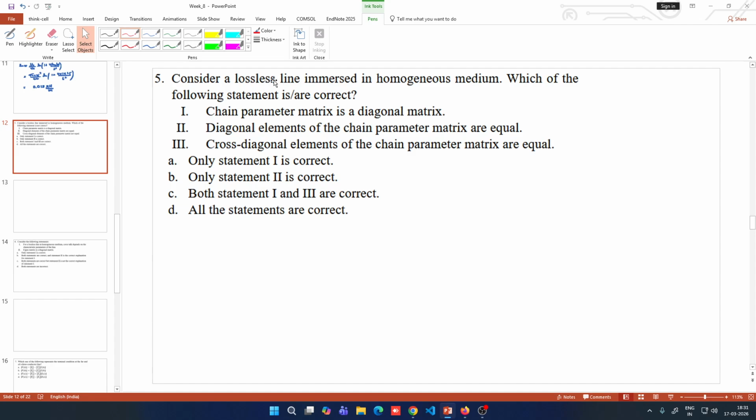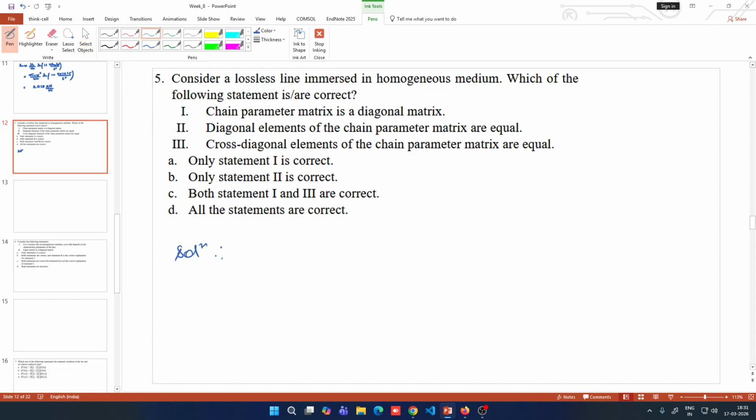So this is talking about a lossless line immersed in a homogeneous medium, which is something we have done in lecture number 40, where we have determined the crosstalk in a lossless line immersed in a homogeneous medium.